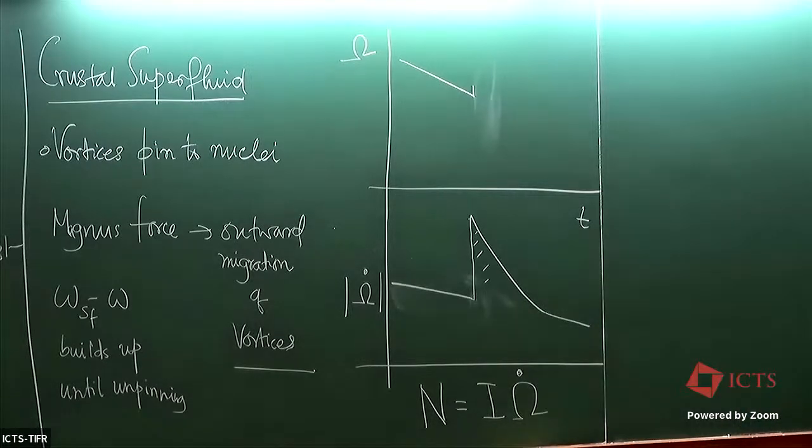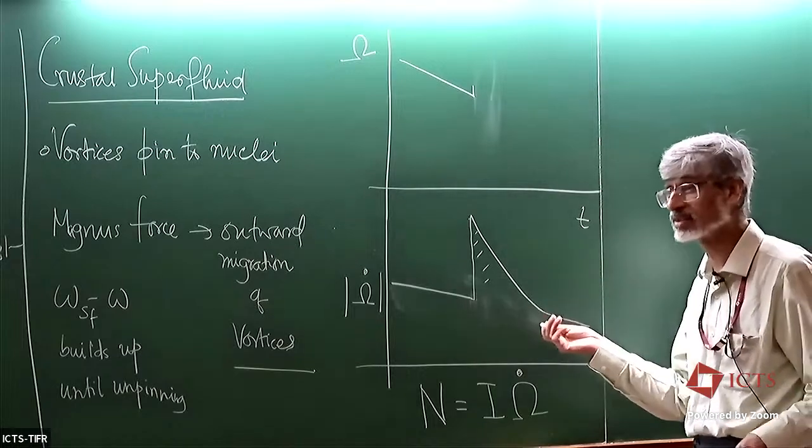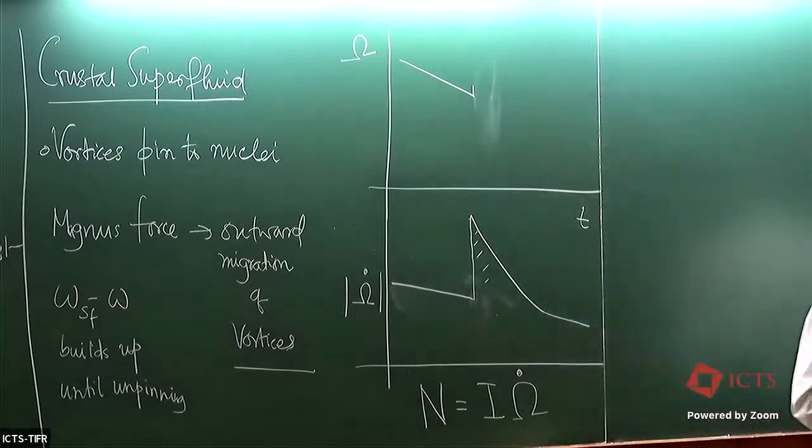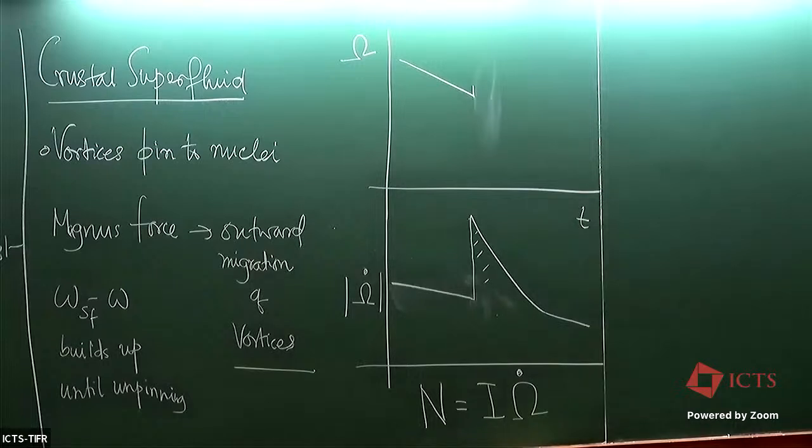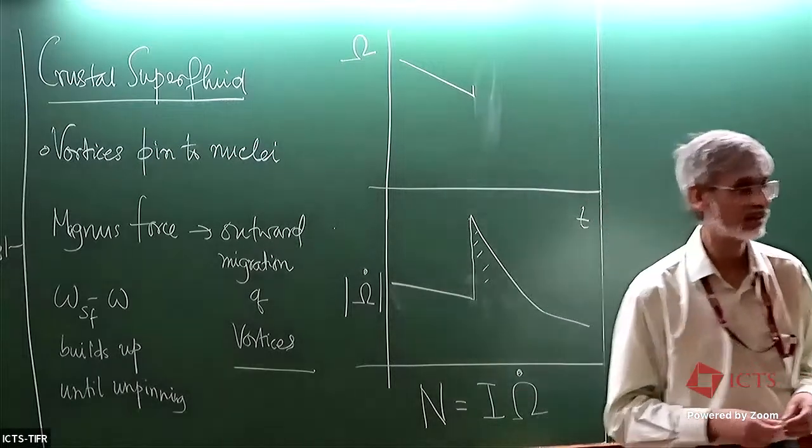And only if the interior is superfluid can you have long time scales like months for this to take place. If it was any other type of material which did not have superfluid property, then this would happen very, very quickly, in seconds.